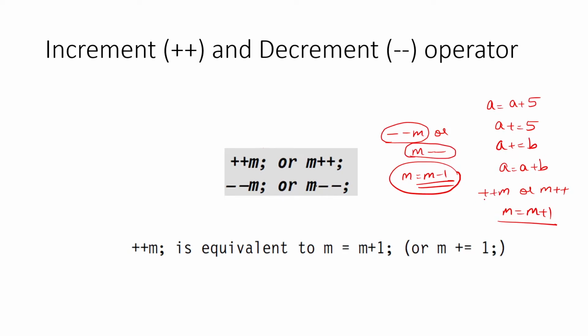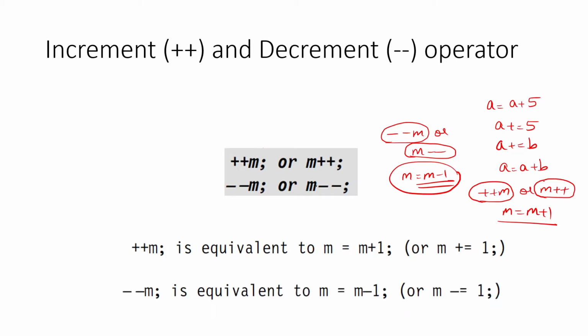Similarly, when we consider increment, there is pre-increment and post-increment. If ++ comes before the variable, we say it is pre-increment. If it is after the variable name, we say it is post-increment. Now, let's see what is the difference between pre-increment and post-increment, or pre-decrement and post-decrement.